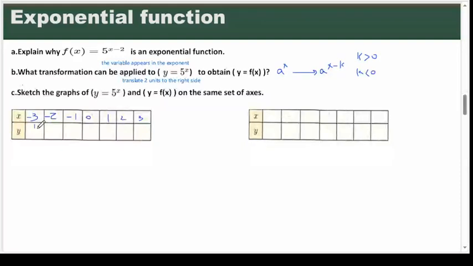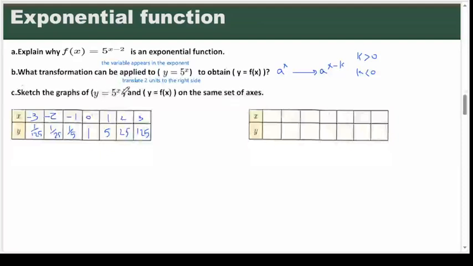5 to the power of -3 gives me 1 over 125 as output. 5 to the power of -2 gives me 1 over 25. 5 to the power of -1 gives me 1 over 5. 5 to the power of 0 is 1. 5 to the power of 1 is 5. 5 to the power of 2 is 25. 5 to the power of 3 is 125.